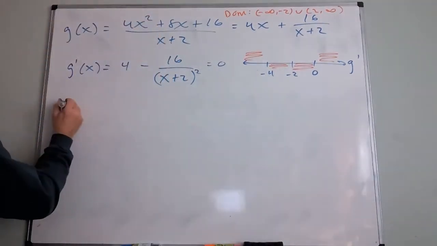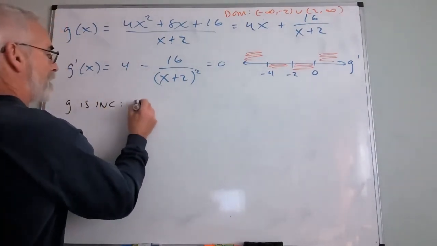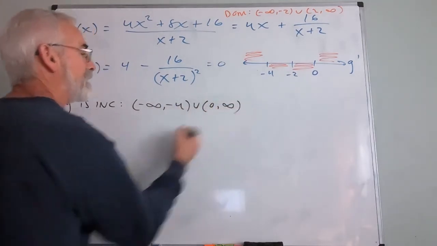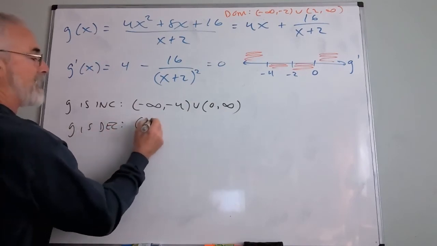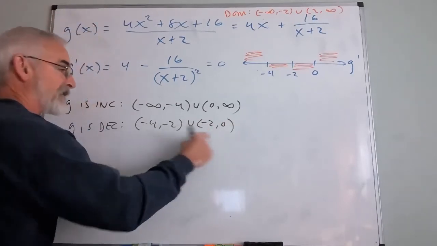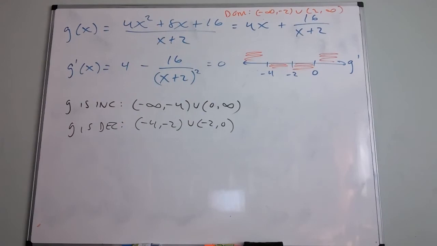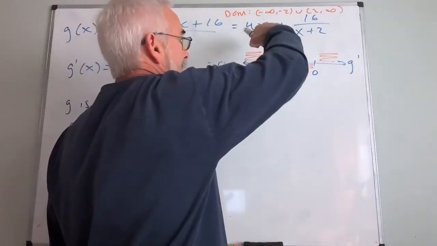So we can say that g is increasing where? From -infinity to -4, and then again from 0 to infinity. g is decreasing from -4 to -2, and then again from -2 to 0. I have to break this up into 2 intervals because I'm not defined at -2. I can't make that one big interval. So clearly, I'm going up, I'm flat, I'm coming down.